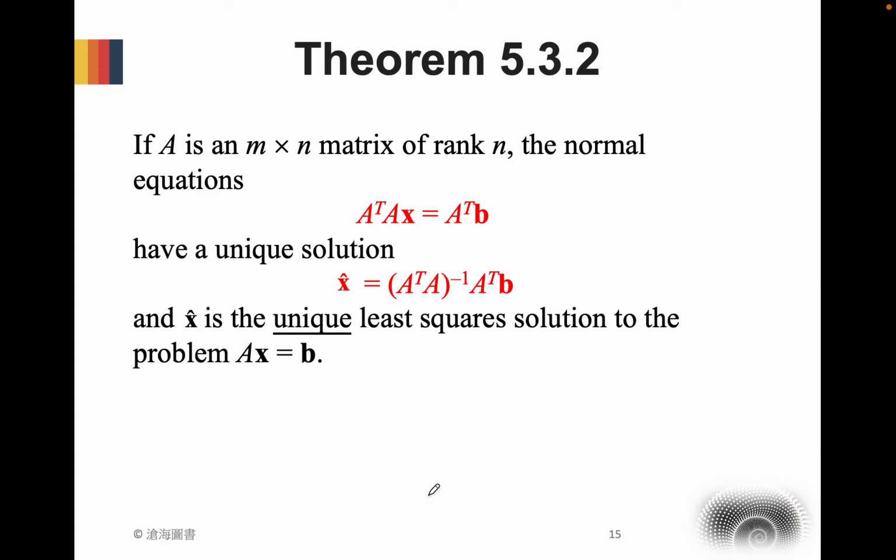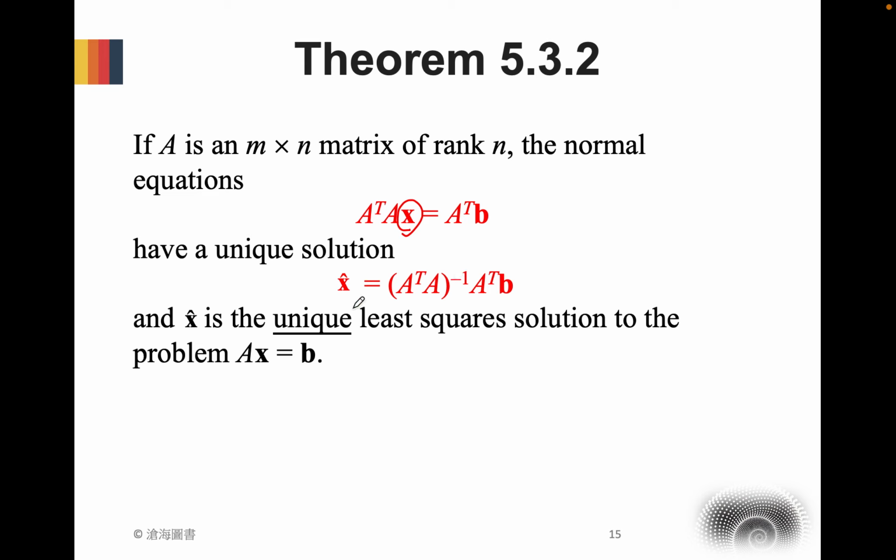Okay. How to solve it? Basically, when you try to find the x, you just pre-multiply the inverse of A transpose A, so that x hat is equal to the inverse of A transpose A times A transpose b.